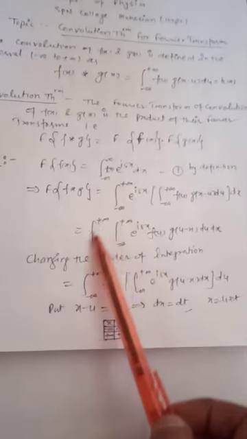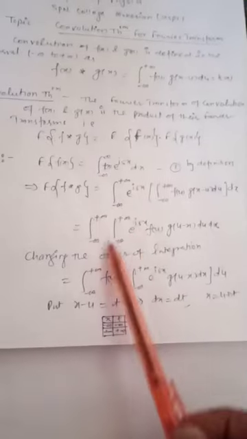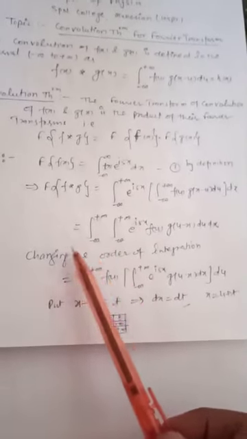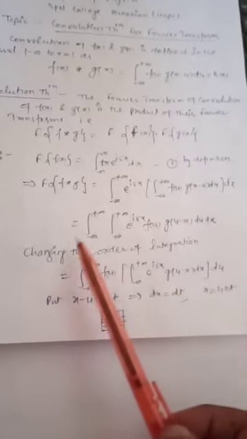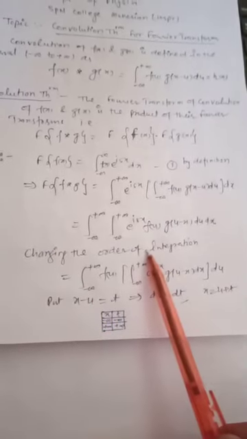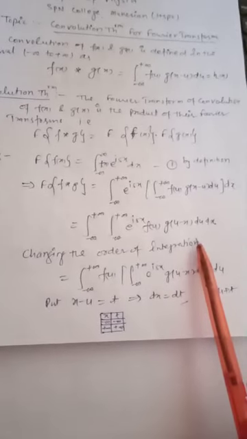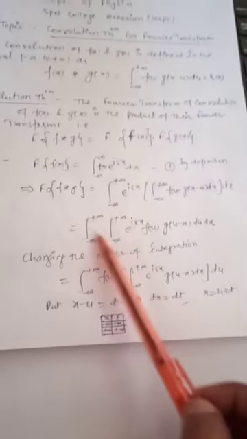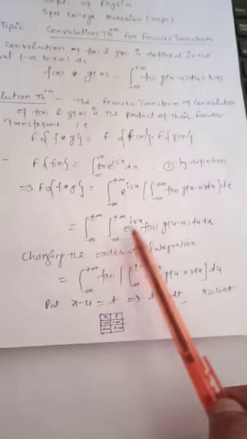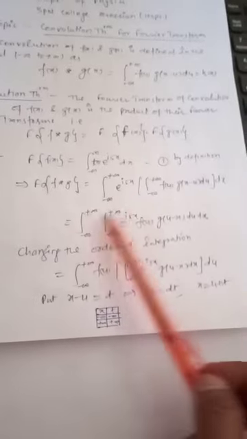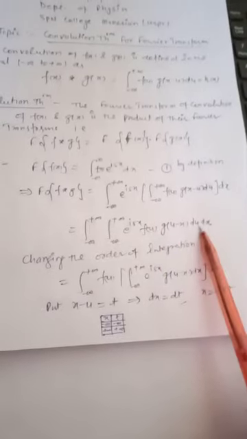Now, as you see, the limits of both integrals are the same, so we can change the order of the integrals. If the limits of the two integrals are different, we cannot directly change the order. But here there is no problem, so you can do the dx integral first, then du.